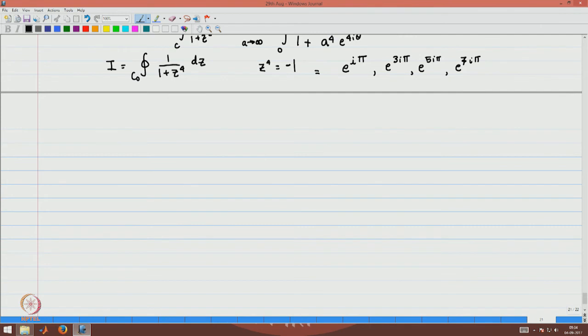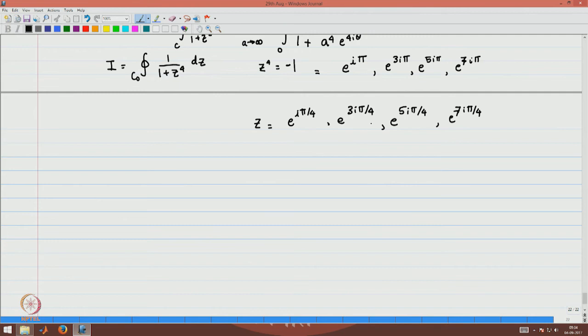I deliberately wrote these 4 things, because now, what does this imply? If z power 4 is any of these, then z should be this raised to 1 by 4. So that is e to the i pi by 4, e to the 3 i pi by 4, e to the 5 i pi by 4, e to the 7 i pi by 4. So these are the 4 roots.